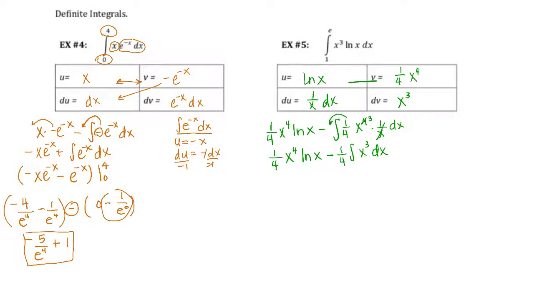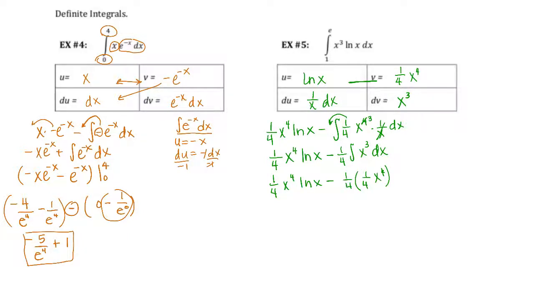Okay, now that we have that part, let's go ahead and integrate. So we're going to have 1/4 x to the 4th natural log x minus 1/4. And if we integrate x to the 3rd, notice that we do get our 1/4 x to the 4th back.